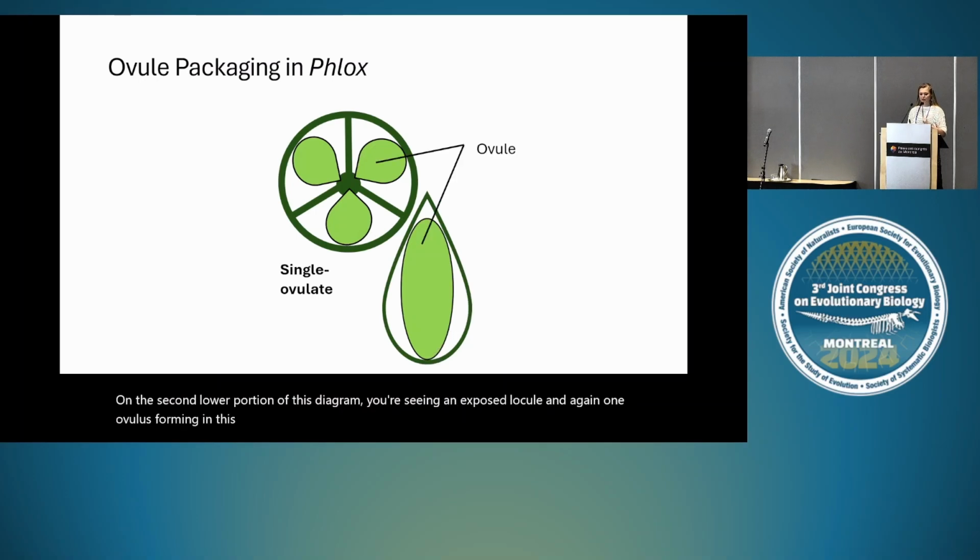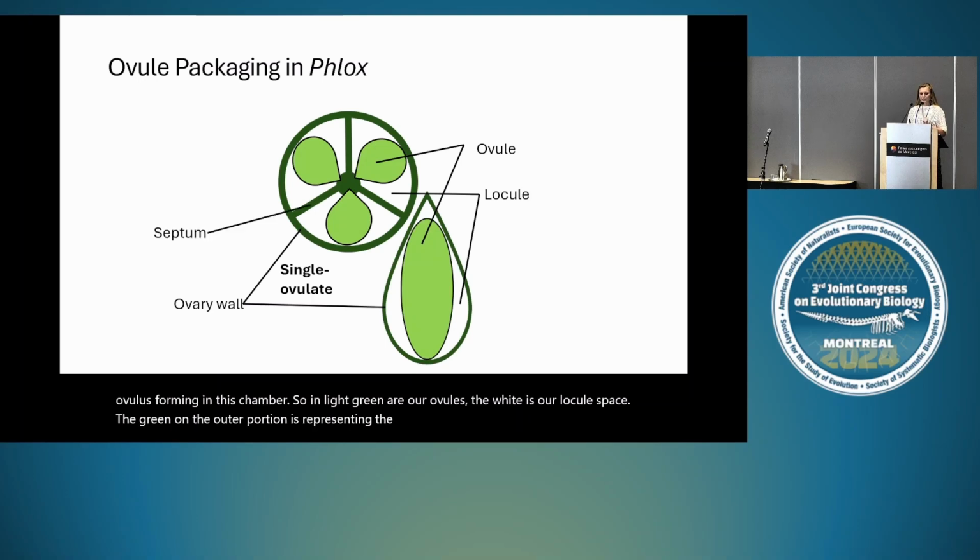In light green are our ovules. The white is our locule space. The green on the outer portion is representing the ovary wall, and all of our ovules are forming from this central placenta along the central septum.